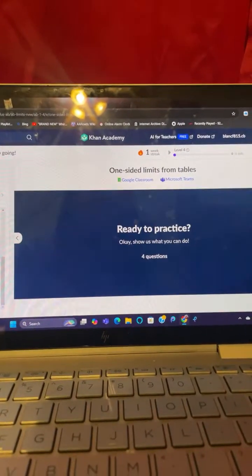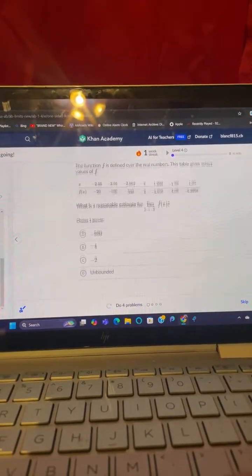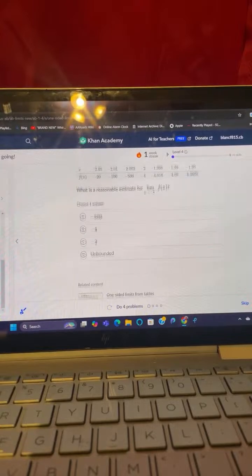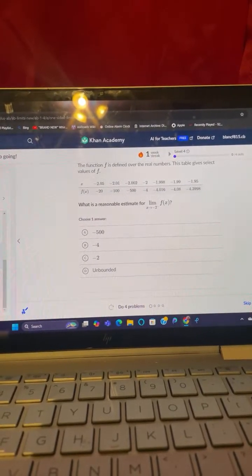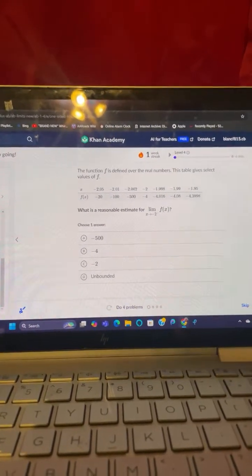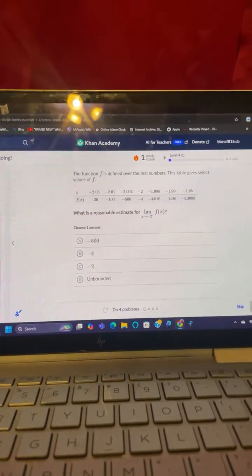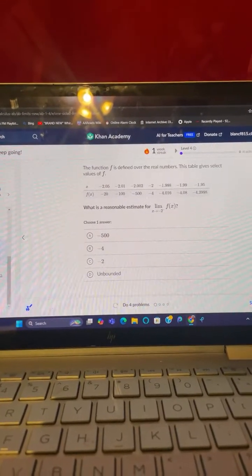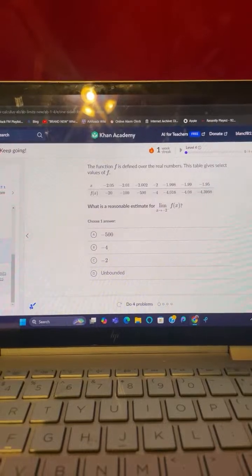I'm just gonna try one more exercise and let's go. What's the estimate for this? Limit of, enter this equation in the engineering calculator.